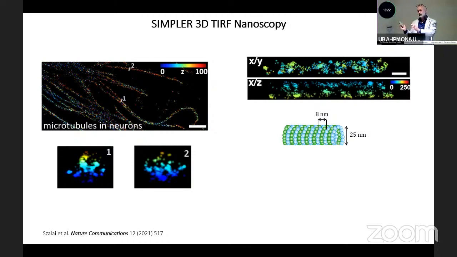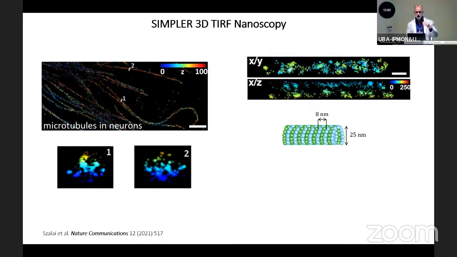But the other part of the problem is to label your sample precisely. And if you want to see that really directly, we would need to label each single tubulin with an antibody or with a nanobody, and that's impossible. It's sterically impossible, electrostatically impossible. So the labeling density is not high enough.